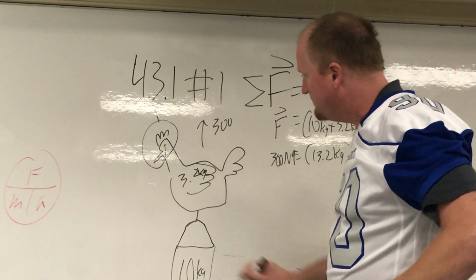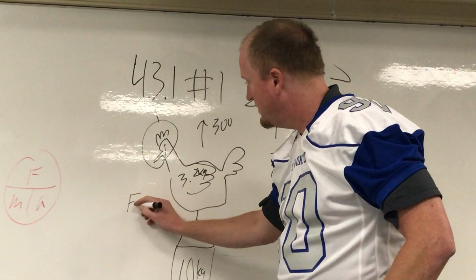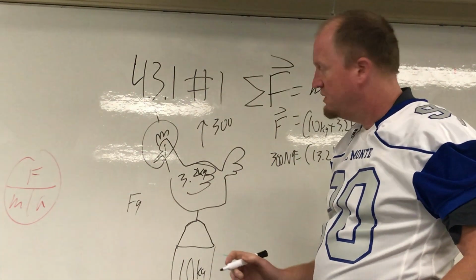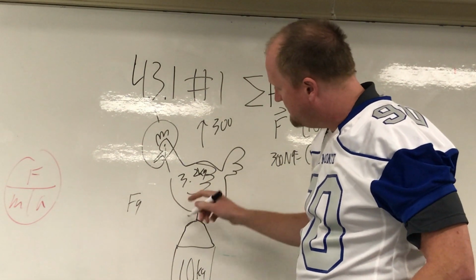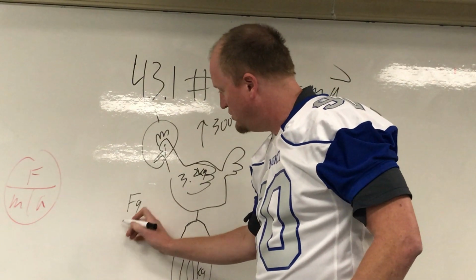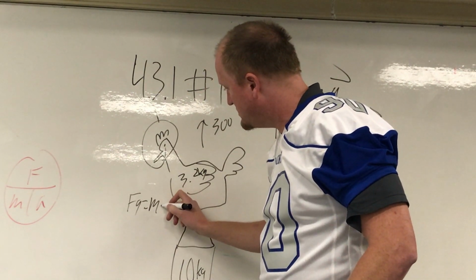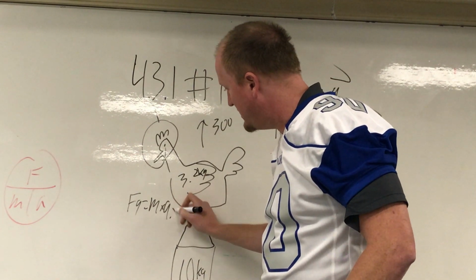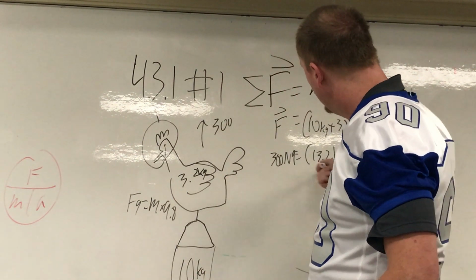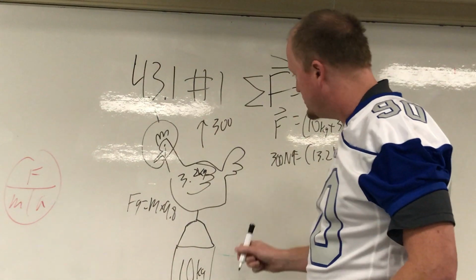Well, gravity is pulling down. So the force of gravity is equal to mass times acceleration, 9.8. But again, we have a combined mass.